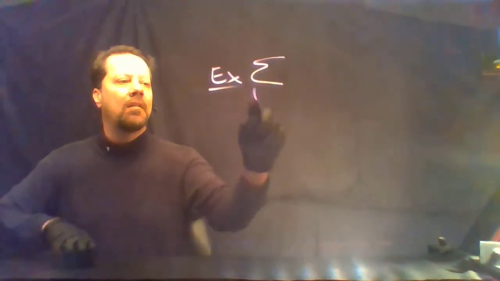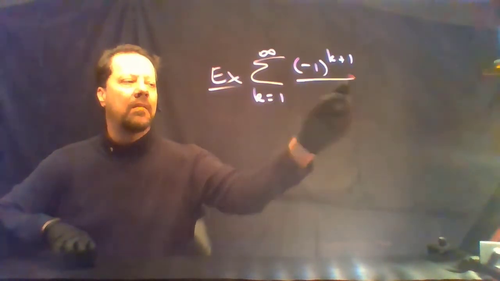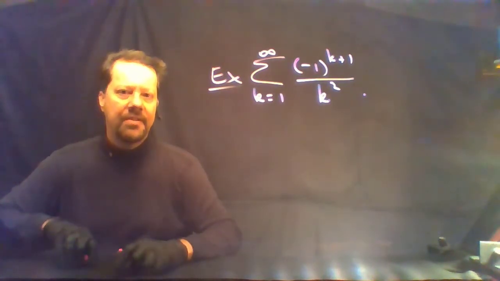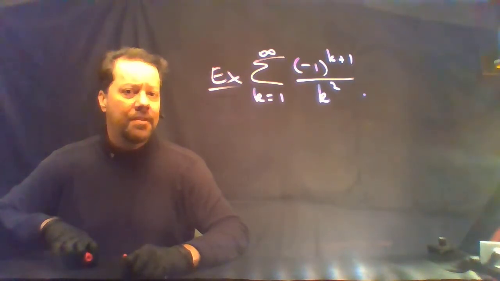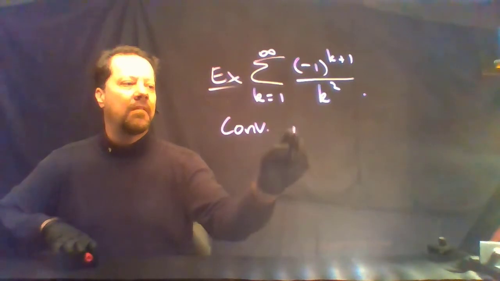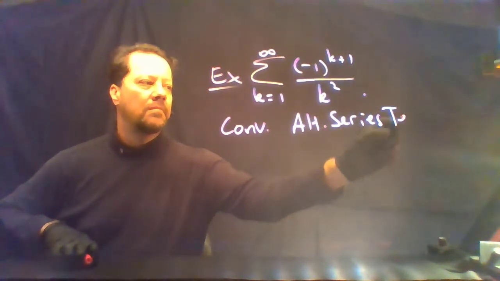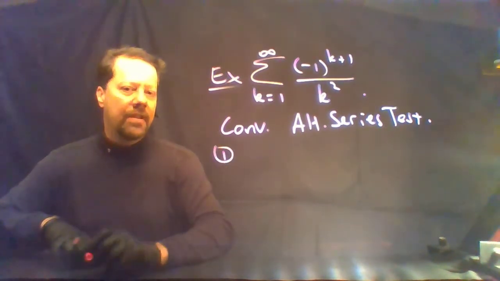Not all alternating series are like that. This is an alternating series. It has terms that monotonically decrease to zero. It converges by the alternating series test. Remember, there's a couple things you have to check for the alternating series test.